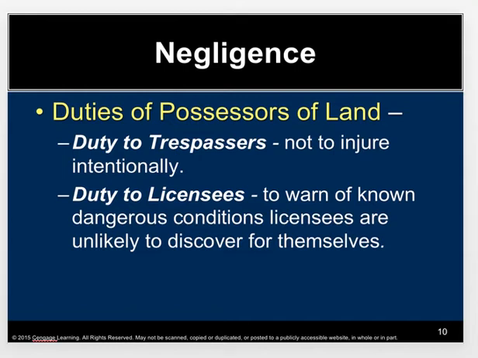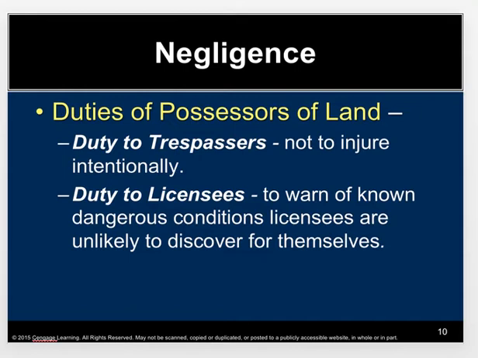You have to say, hey, if you go in the backyard, be careful because I'm building a pool and there's a hole. That really is the extent of the warning you have to provide. Now, if the hole is readily visible and anybody that goes into that backyard can see that hole, then you don't even have to tell them about it, right? Because again, they're only conditions that they're unlikely to discover for themselves.